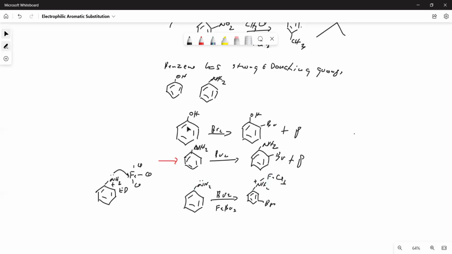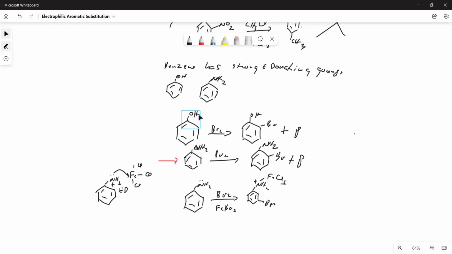How about the phenol? If you add a Lewis acid here, will it happen? No, just like the amino? No, because OH is not basic. That's a hydroxyl group. It's not a basic group. In fact, it is acidic.